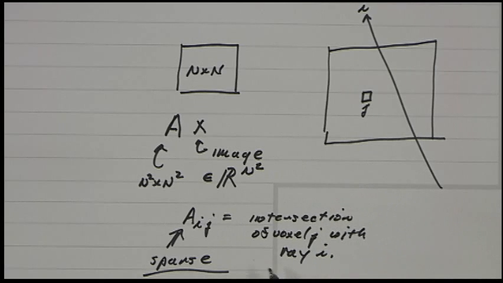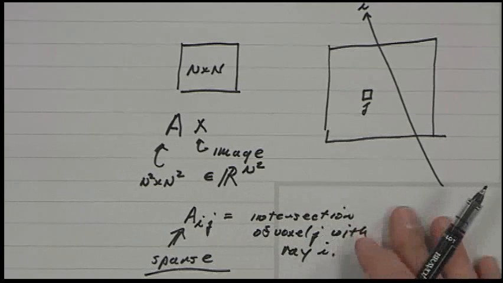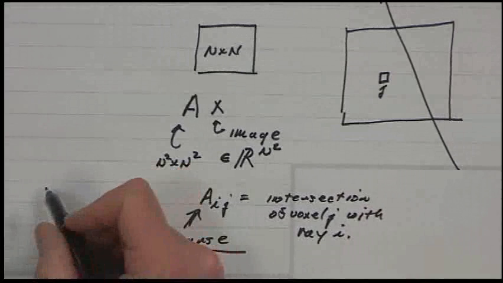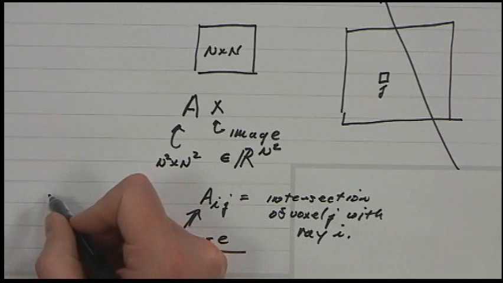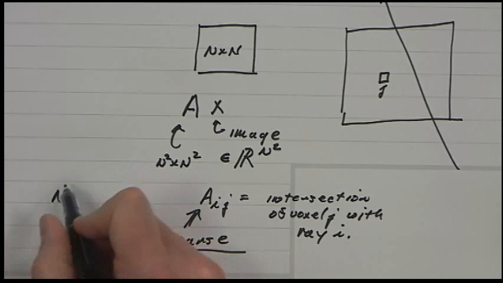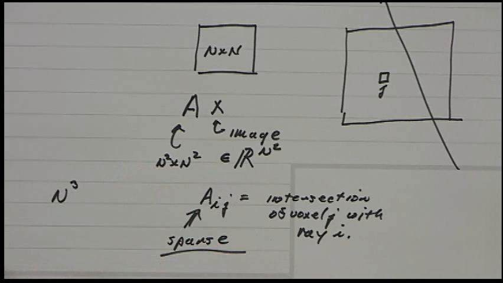The number of non-zero entries in this matrix is typically around n cubed.